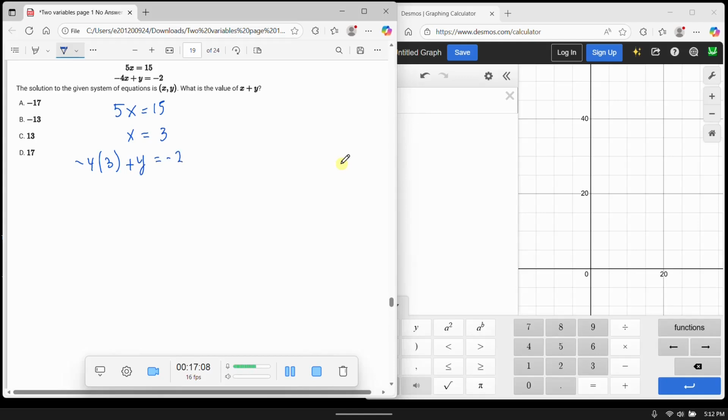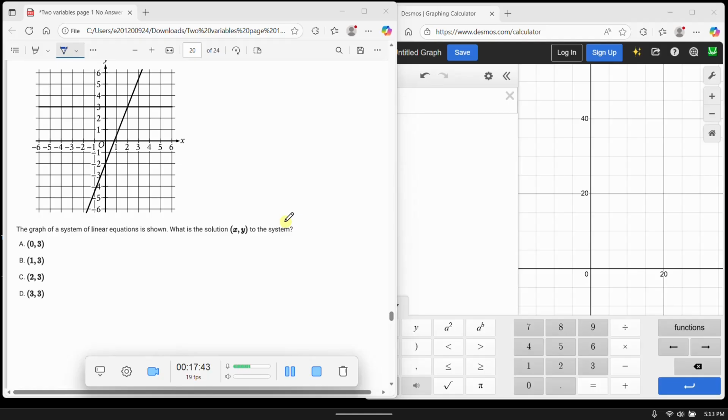Negative 4 times 3 is negative 12, plus y equals negative 2. Add 12 on both sides, like this. Then y equals 10. But they ask you what is x plus y. So x plus y, 3 plus 10 equals 13. The answer is C.